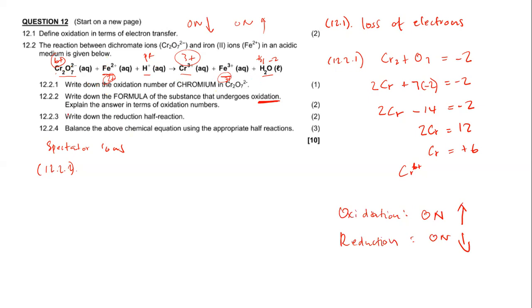So they say write the formula of the substance that undergoes oxidation. Oxidation, remember, this is oxidation in terms of oxidation number. But oxidation, guys, note down, these things are important. Oxidation in terms of electron transfer is the loss of electrons.